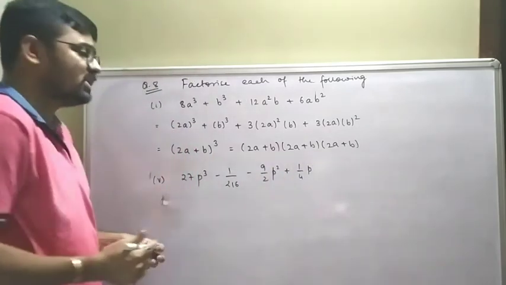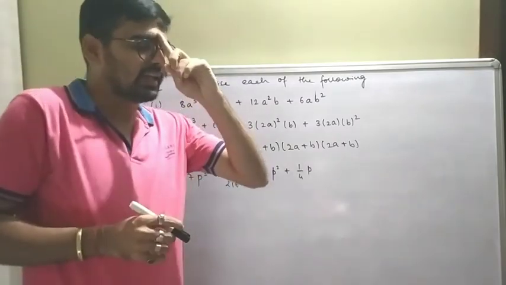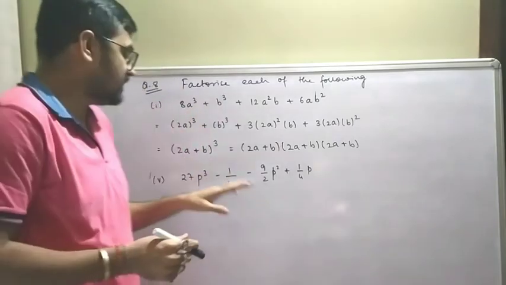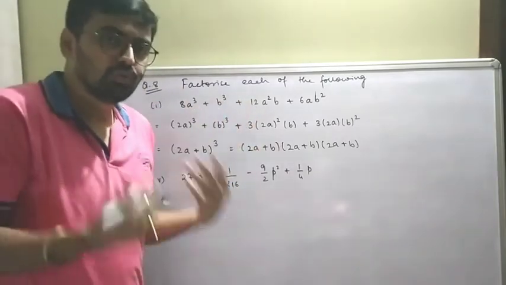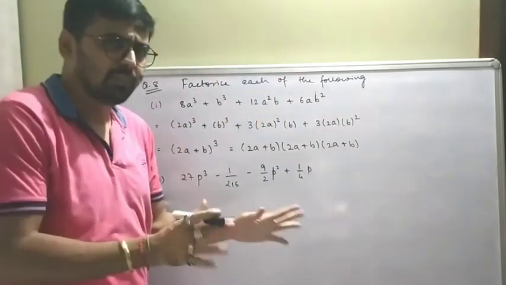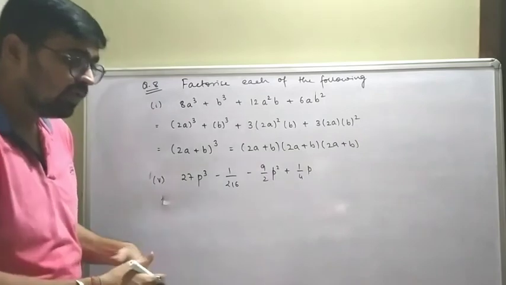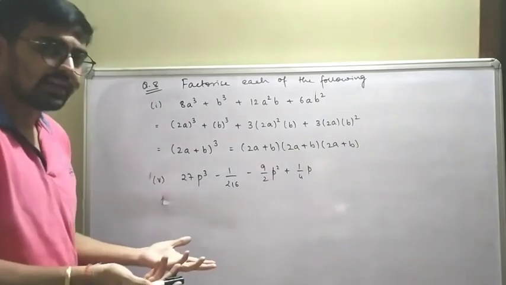Now if you look at this question, out of 100 students, I can guarantee 90 students will say, sir, we can't do this. Why? Why do you start getting afraid by just looking at a fraction? Simply think, look at the values we have, which suitable identities we can think of.